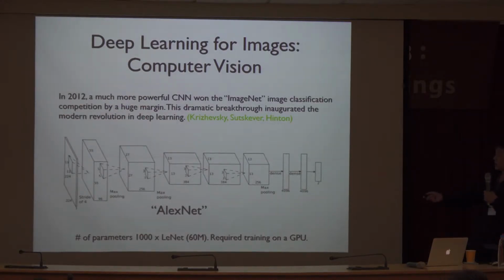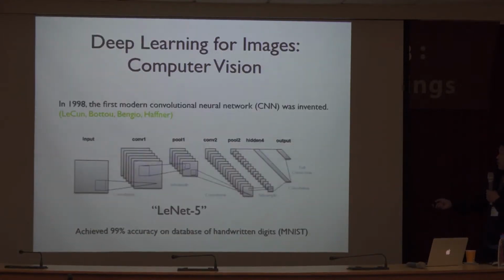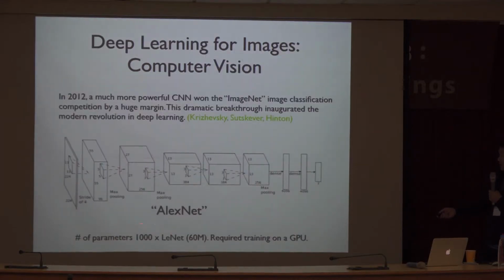So in 2012, the thing that really had a breakthrough, and this is when I think deep learning really took off, so it's just 6 years ago, a much more powerful CNN won a much more sophisticated image classification competition called ImageNet by a huge margin, and that's what I think a lot of people credit with launching the renaissance in machine learning. And so this was basically just a souped up version of this by a factor of 1,000.